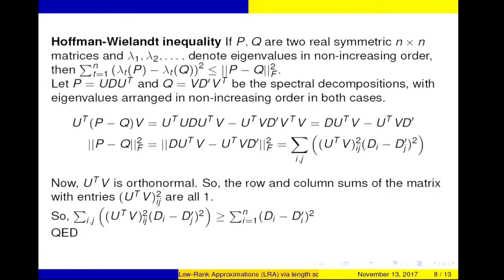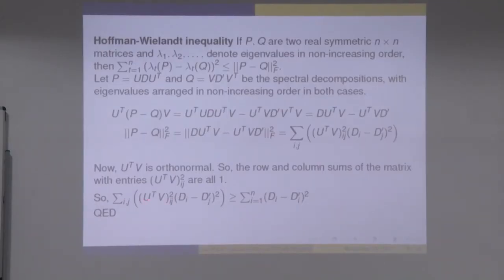Then I use the theorem from the last slide: the eigenvalue differences squared, d i minus d j prime squared, are weighted by a doubly stochastic matrix, and the minimum is attained when I put the identity there.